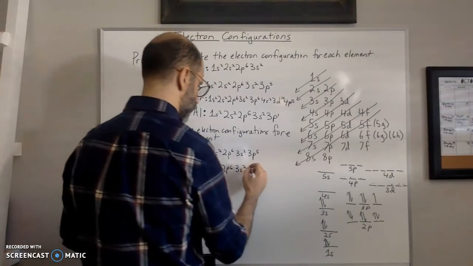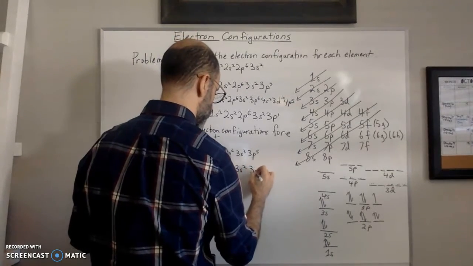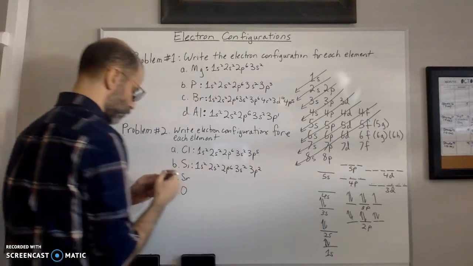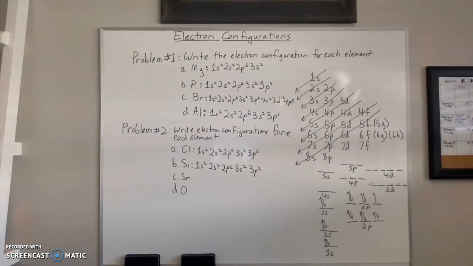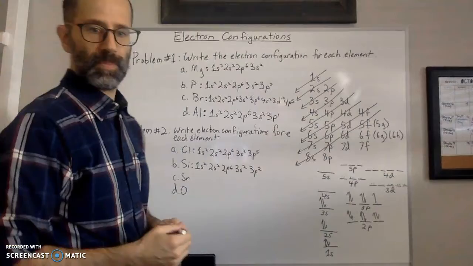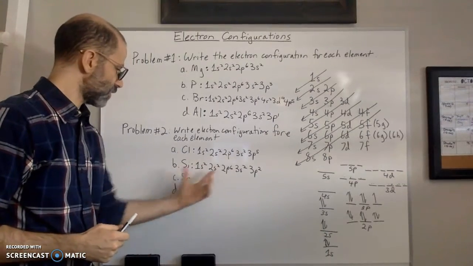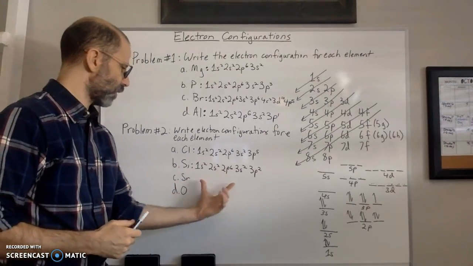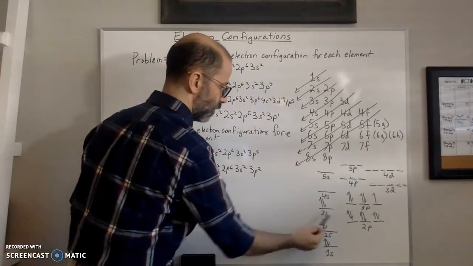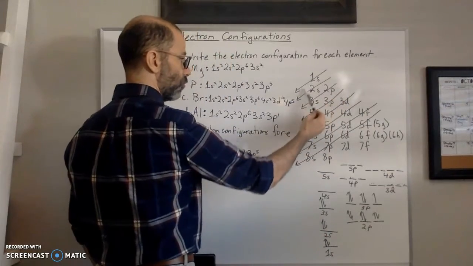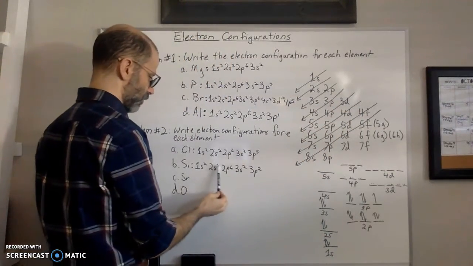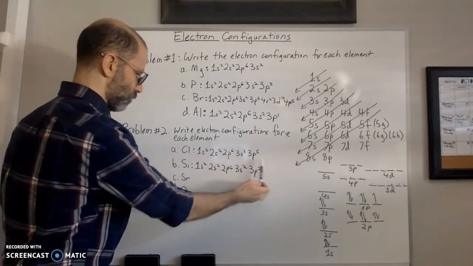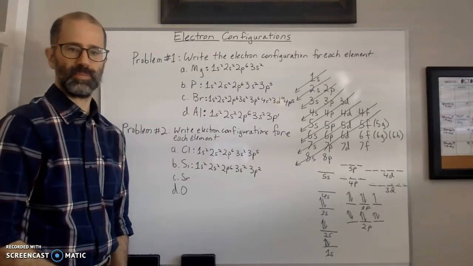That's going to be 12. And then we have the 3p2 for 14. So silicon again has 14 electrons. So that's going to be our electron configuration. So we count up to 14, or we can go through this one and then add up the total number of electrons and we stop when we use 14.